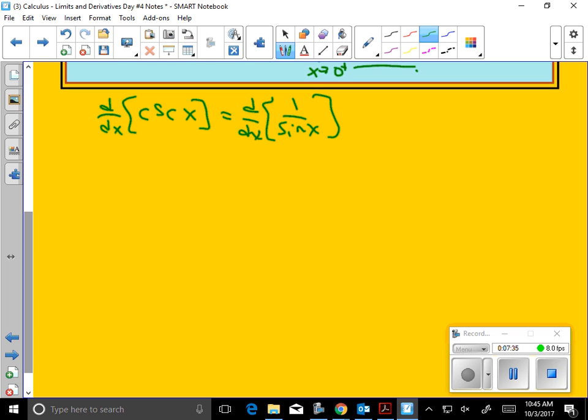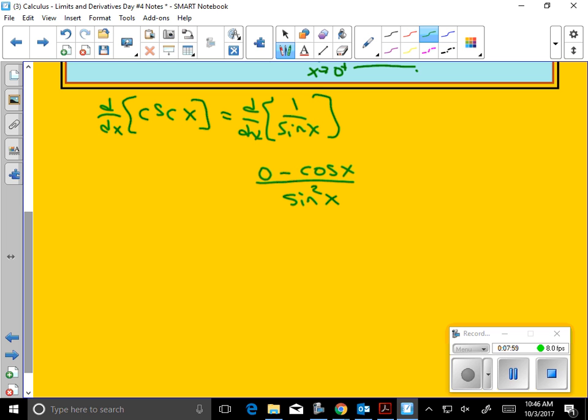So quotient rule. Bottom times the derivative of the top. Well, that's nice, because that's going to be 0. Minus top times the derivative of the bottom. Okay, that's too easy. Over bottom squared. Isn't that just negative cosecant cotangent?